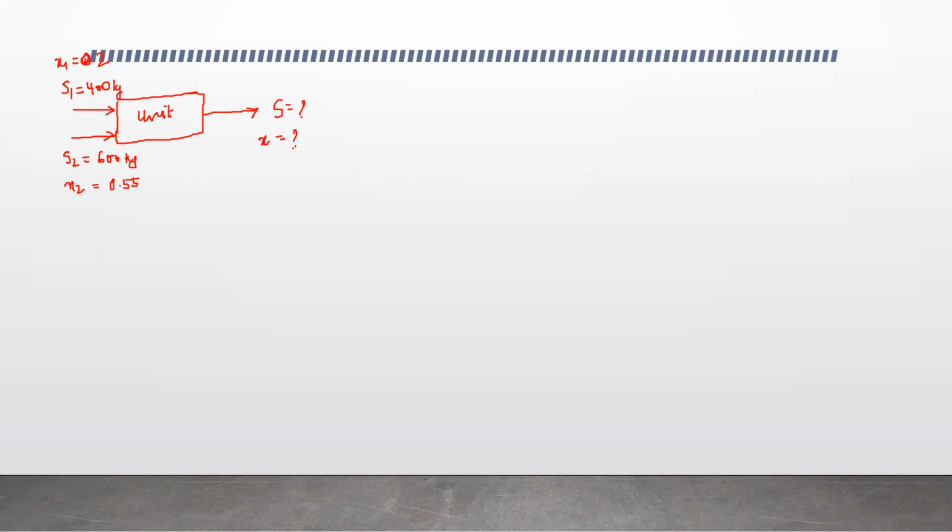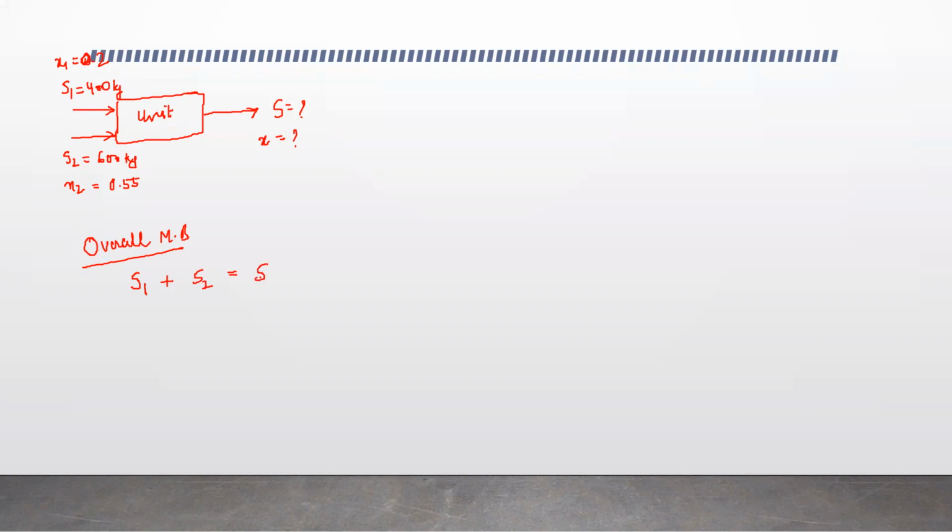Pause the video and form the equation yourself before I form it for you. So the overall material balance equation is going to be S1, input stream number 1, plus S2, input stream number 2, is going to be S, right?